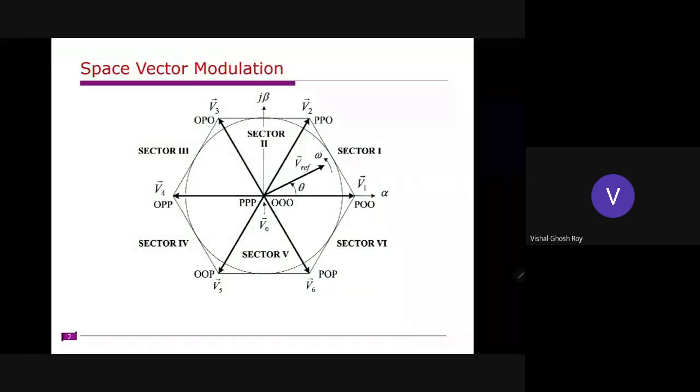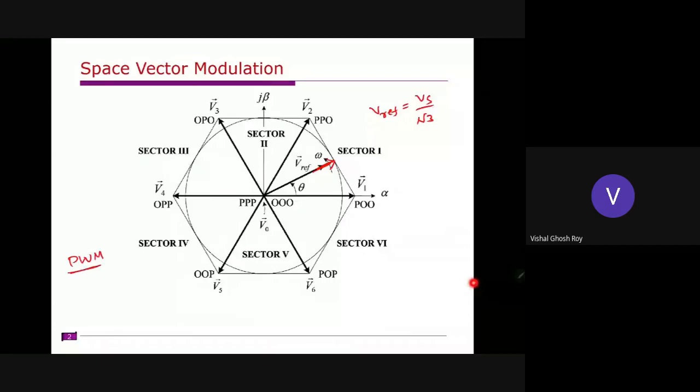For that, for example, assume this is the V reference circle, and the V reference magnitude is Vs by root 3. Here we need to implement the PWM.